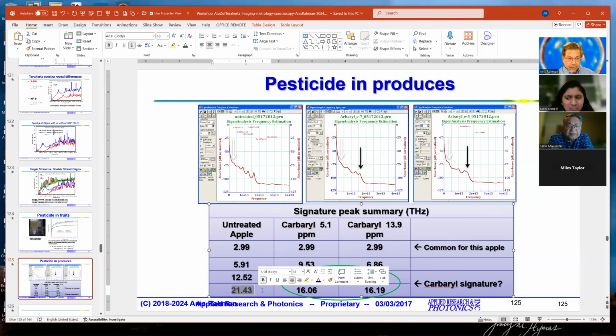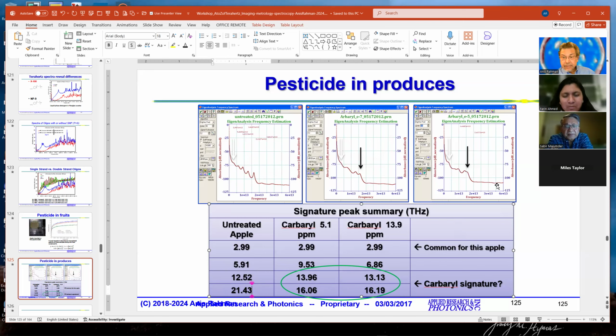So the question is why, compared to the apple alone having a peak at 21.43 terahertz, we are picking this 16.06 or 16.19. The reason we're doing that is that this is reproducible. This is repetitively coming into the spectrum.